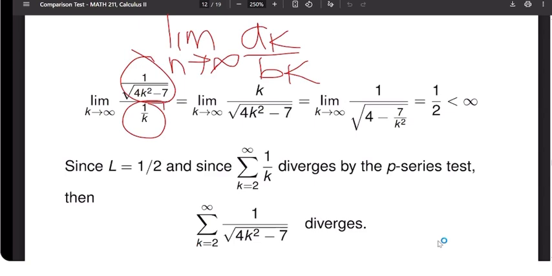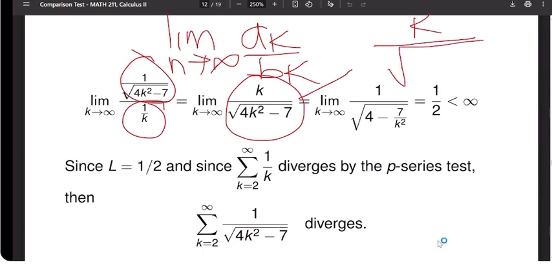Now, I'm only going to simplify this. If I have 4k squared minus 7, I divide it by k squared. This is the same thing as k divided by the square root.